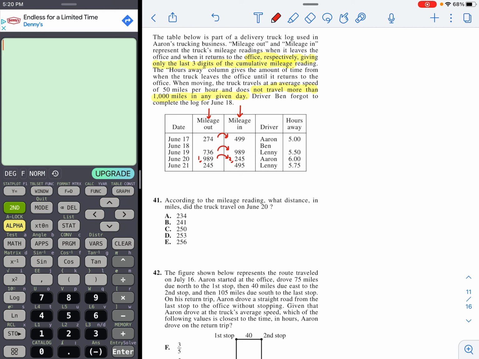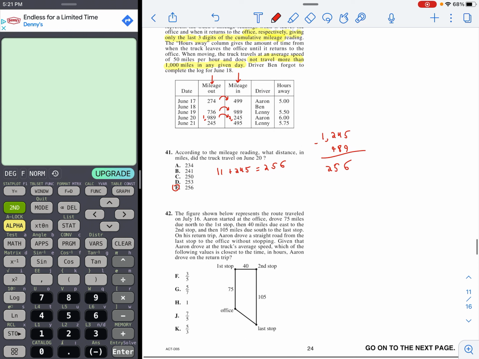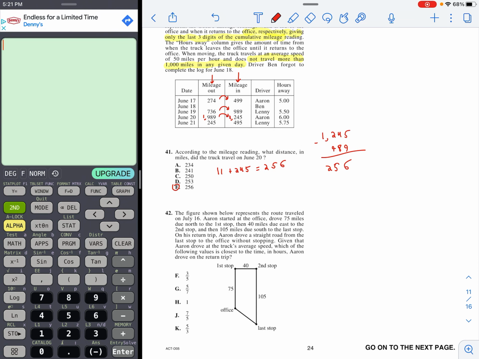But when we look on June 20th, this is the one that matters, to go from 989 to 245, well, we have to go 11 miles to roll that thing up to 1,000, plus another 245 to get to a total of 256. Another way to do that is just to pretend it is 1,245, and we're going to subtract 989. And we do that, and we would get that same thing there. We would get 256.